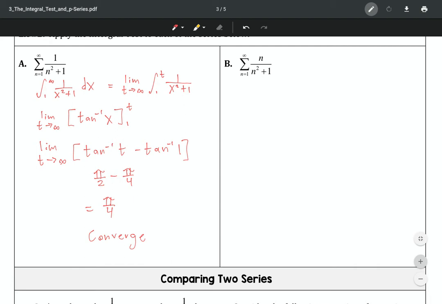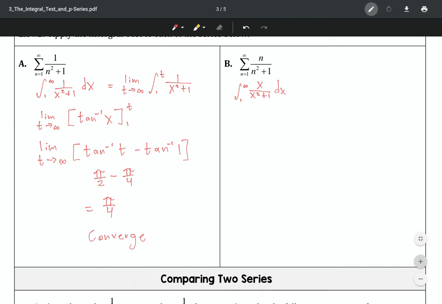All right, so let's go over to B. First, make sure that it's continuous, positive, and decreasing, which it is. Okay, so now we're going to take the integral between 1 and infinity of x over x squared plus 1 dx.